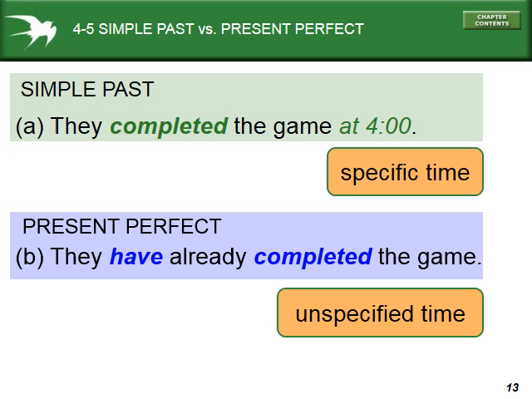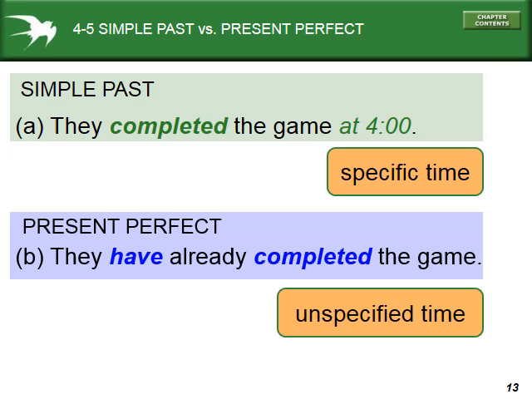One of the things to keep in mind, though, is that the simple past has a lot more flexibility than the present perfect. For example, the simple past can be used with specific times, and it can also be used with unspecific times. So I can say they completed the game at 4 o'clock, and I can also say they completed the game.